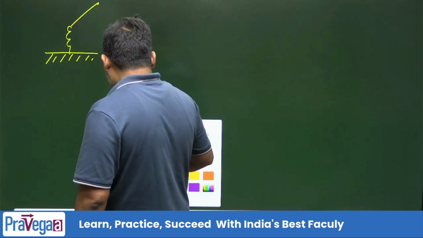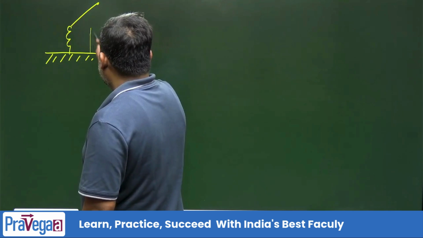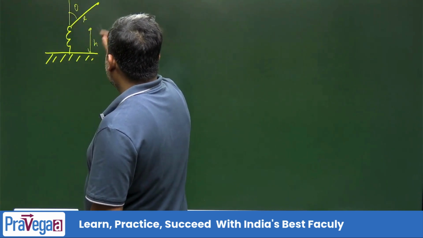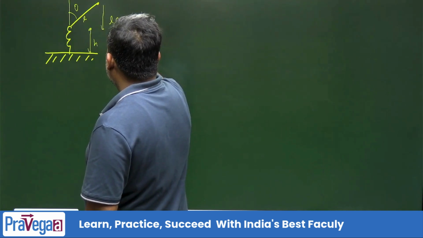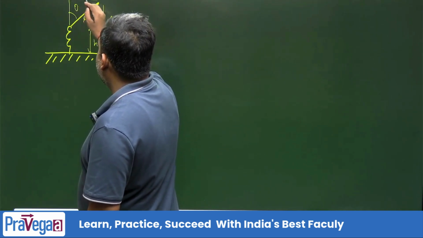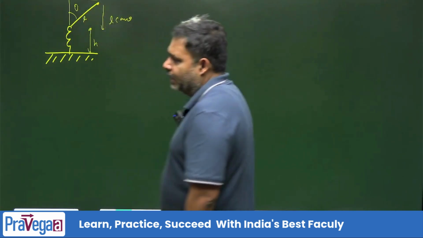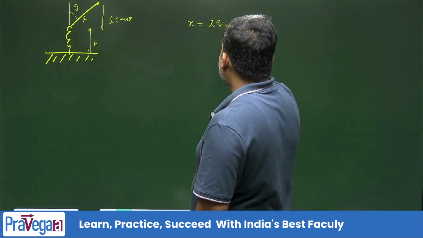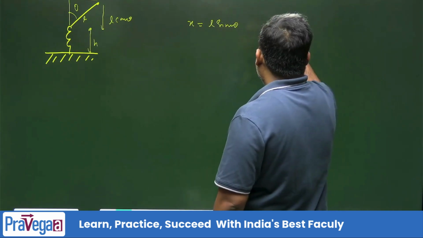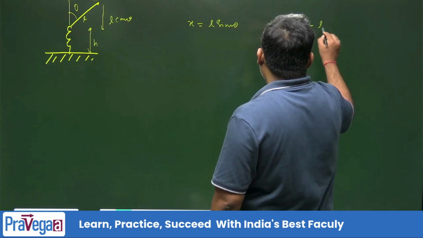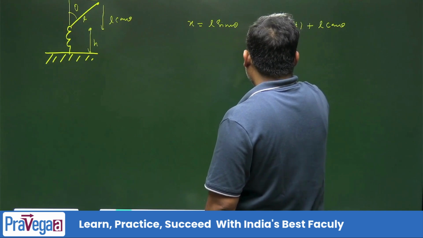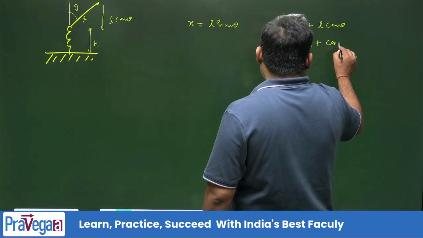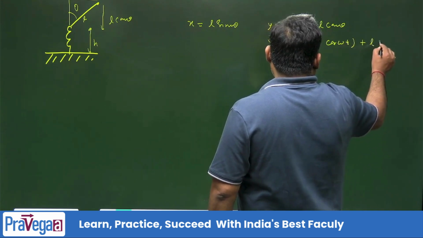This height is h, and this angle is theta, the length is L. So this height is L cos θ and this one is L sin θ. So x is equal to L sin θ, and y is equal to h_t plus L cos θ, and we can put the value of h_t, which is h0(2 + cos ωt), plus L cos θ.